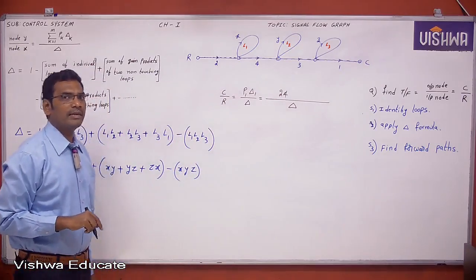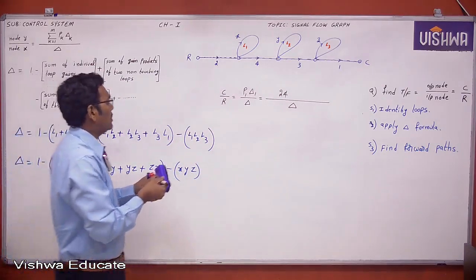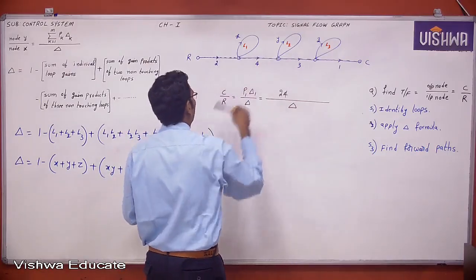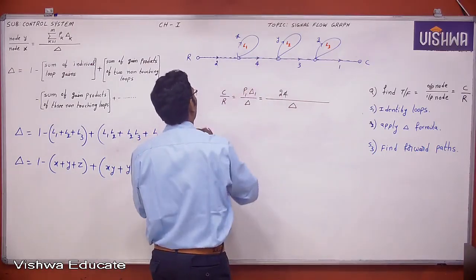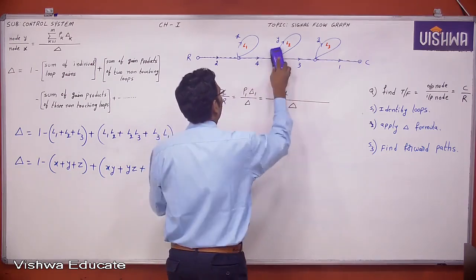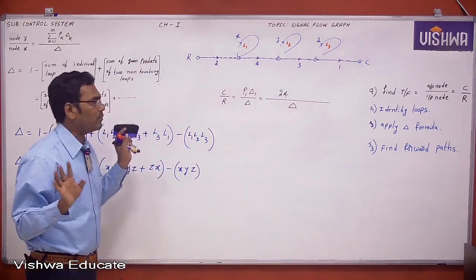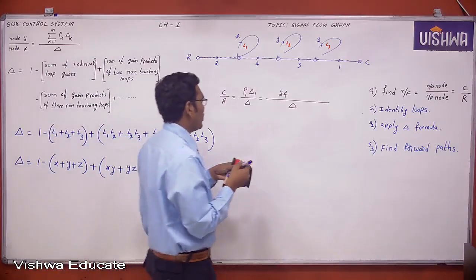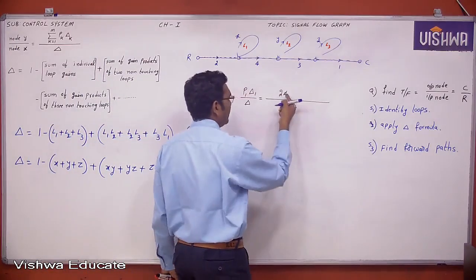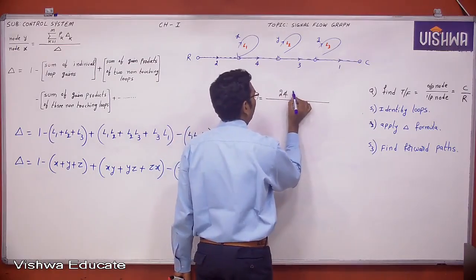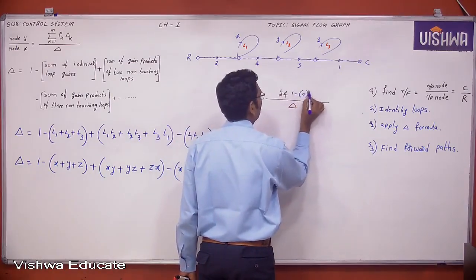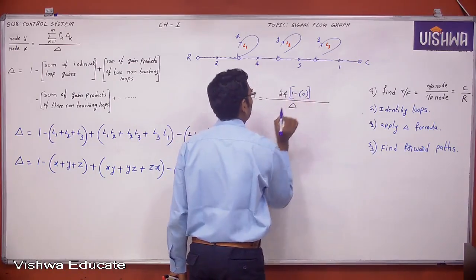Now delta 1: remove the loops which are touching that path. Now this is the path, so remove the loops. This loop is removed, this loop is removed, this loop is also removed. All the loops are removed, nothing is available. So delta 1 is nothing but 1, that is 1 minus 0, which equals 1.